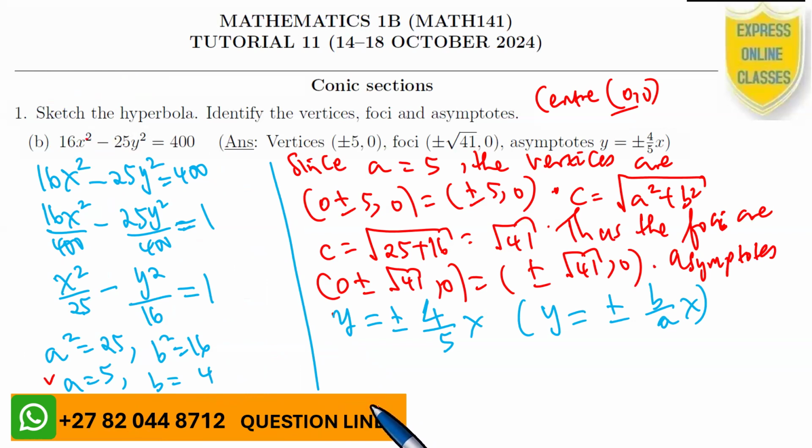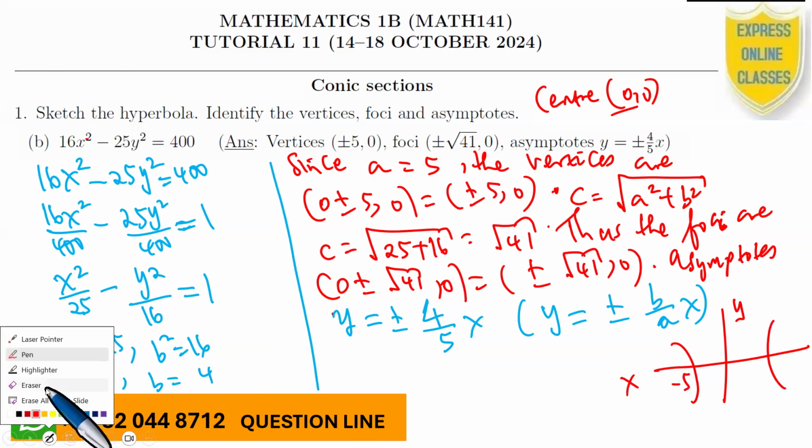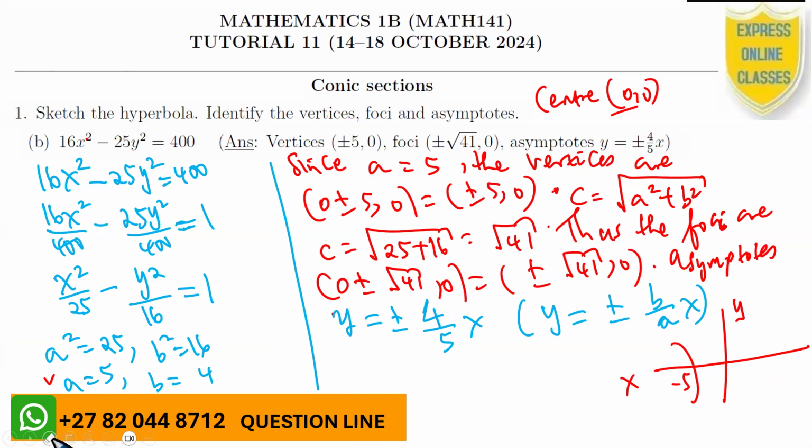So now we can sketch the graph. Because x is first, it's going to be on the x-axis. Now you need to plot the vertices: minus 5 and 5.